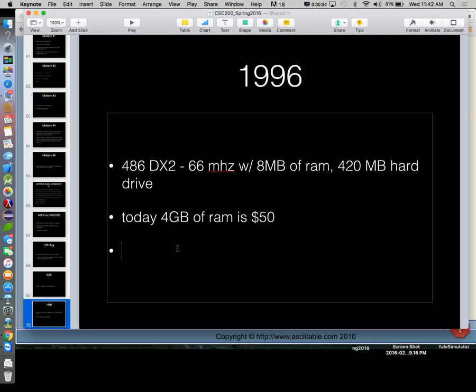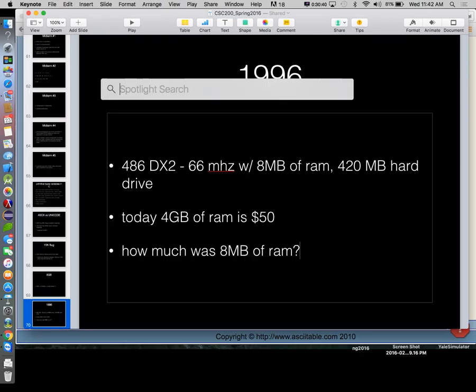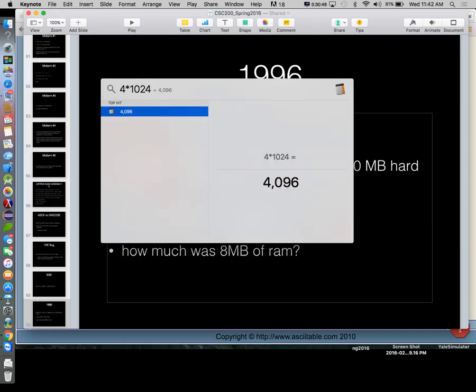So how much was 8 megabytes of RAM? Well, by today's standards, 4 times 1024 is 4096, and we take 50 and divide it by that.